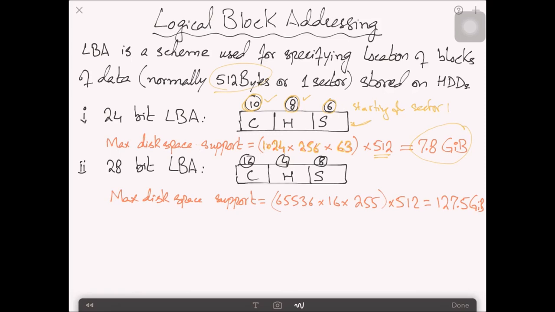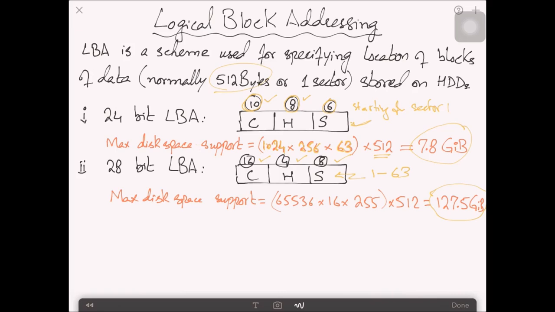We later moved on to 28-bit LBA with 16 bits for cylinder, 4 bits for head, and 8 bits for sector. Although there are 8 bits for sectors, mostly the sectors were used from 1 to 63 only. So theoretically, the maximum disk space supported by 28-bit LBA is 127.5 GB.